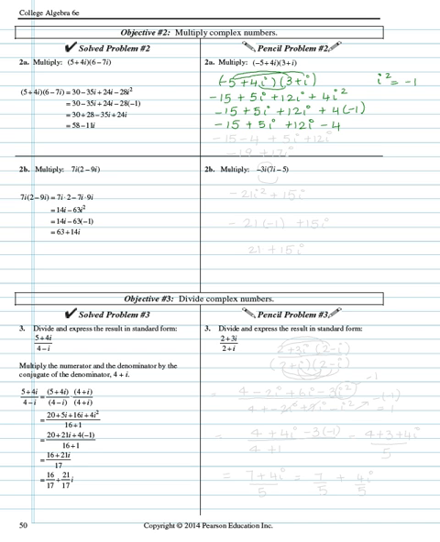I'm going to bring all the like terms together. -15 minus 4 plus 5i plus 12i. -15 minus 4 is -19 plus 17i.